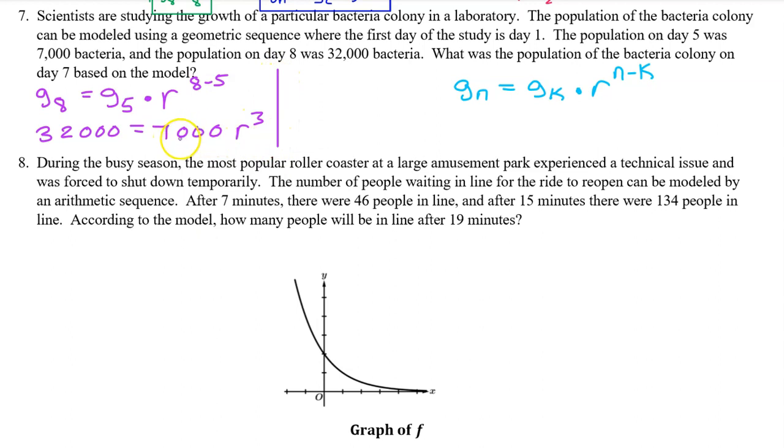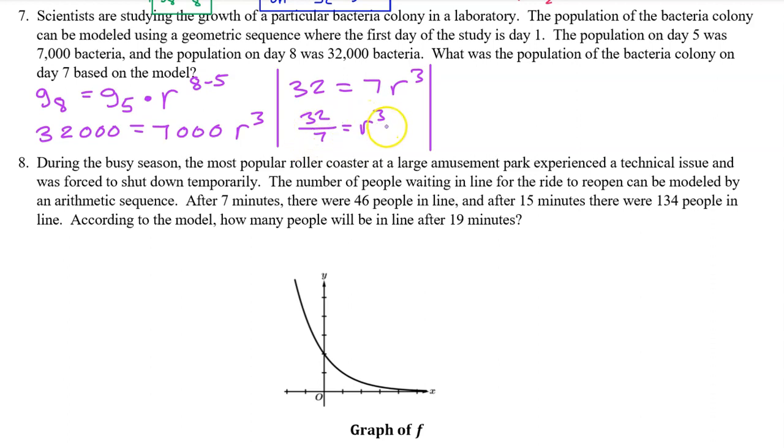Dividing both sides by 1,000, I'm just making the numbers smaller because I can, this will be 32 is equal to 7 r to the 3rd power. Dividing both sides by 7, we get 32 over 7 is equal to r to the 3rd power.